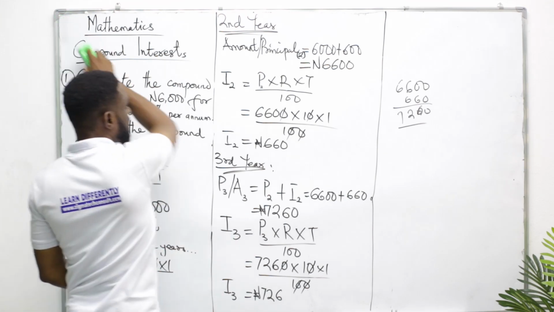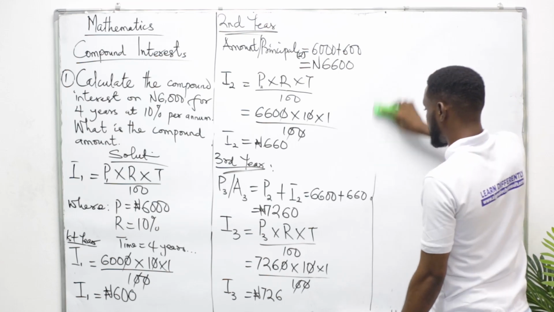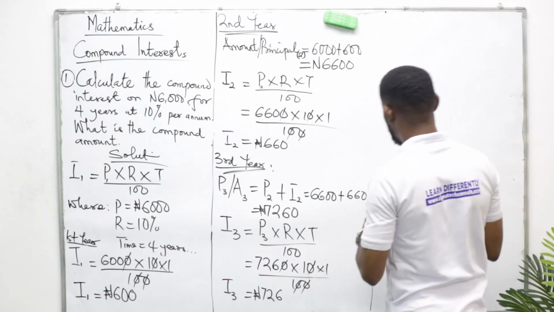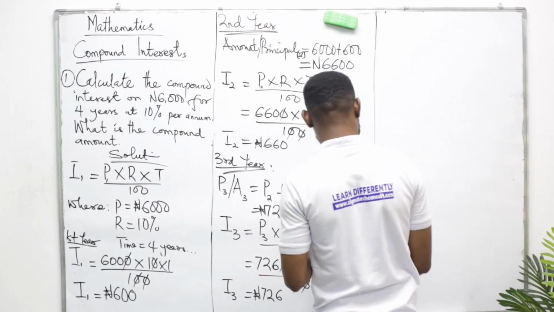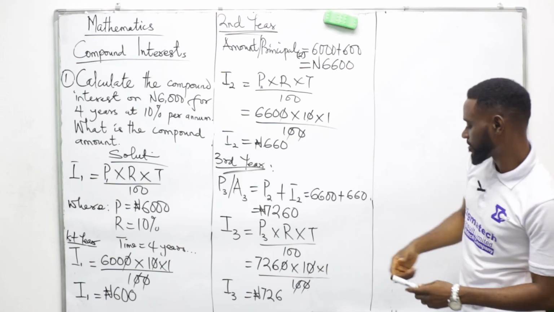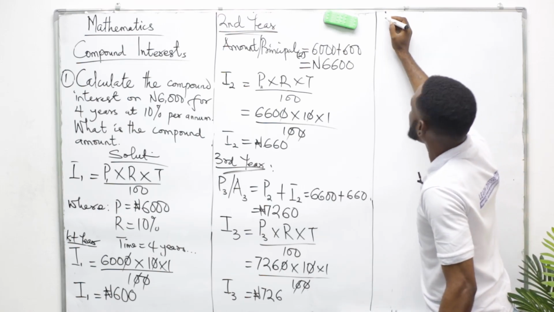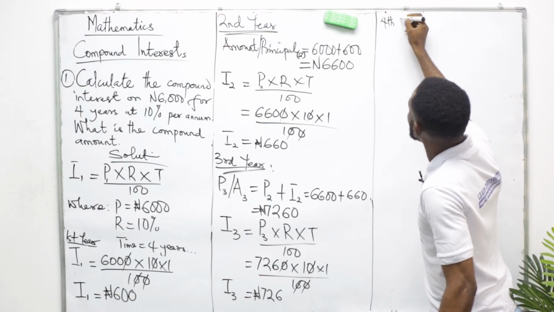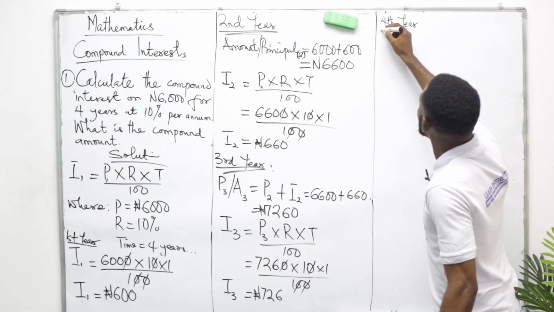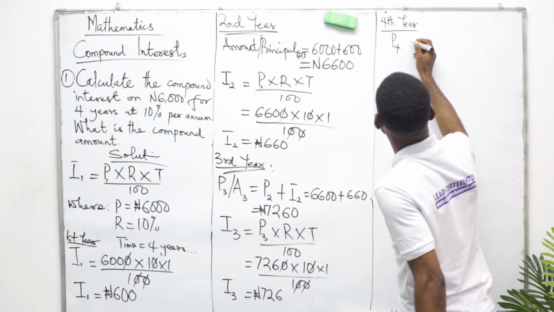Then for the fourth year, which is the last year, they say for 4 years. If they say for 10 years, you are going to be doing this for 10 years. So for the fourth year, what is our P4? That is the first thing you ask.